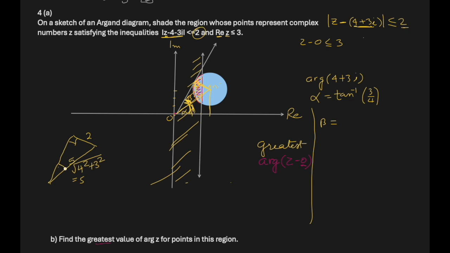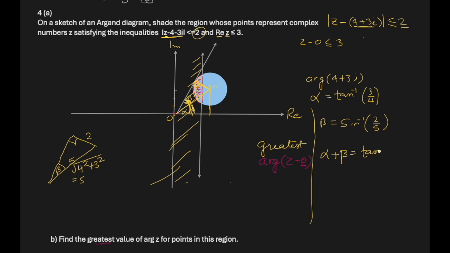I can find this angle beta here, which will be, this is opposite and this is hypotenuse. So sine inverse opposite, which is 2 over this 5, and thus alpha plus beta is the greatest argument.